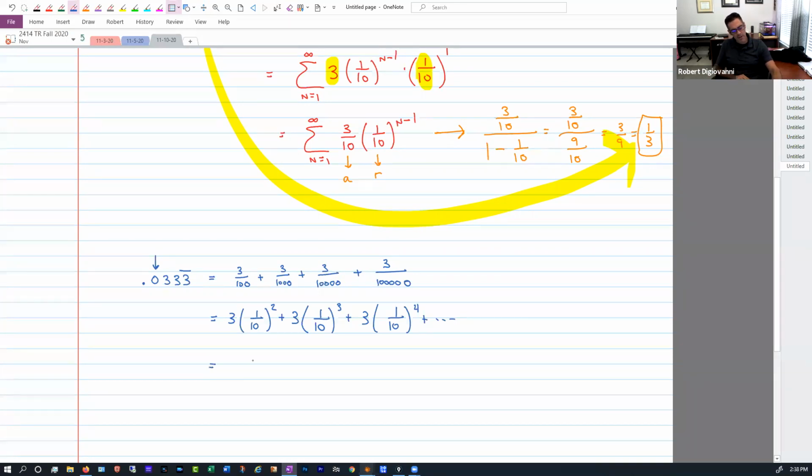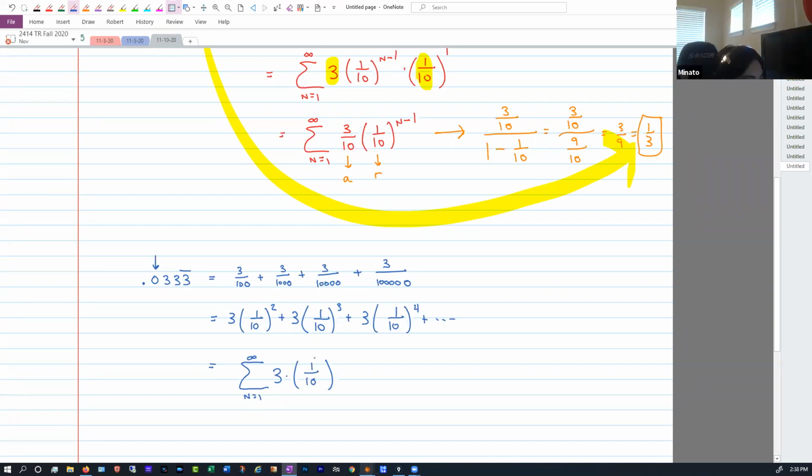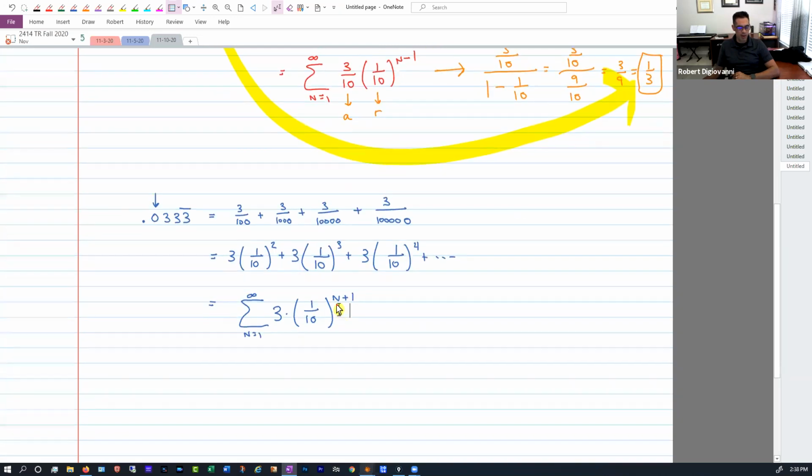Take that to sigma notation. What am I going to have here? 3 times 1 over 10 to the n plus 1. Good, n plus 1, because we need to start at 2, don't we? 2, then 3, then 4, not 1, 2, 3, 4. So we start at n plus 1.